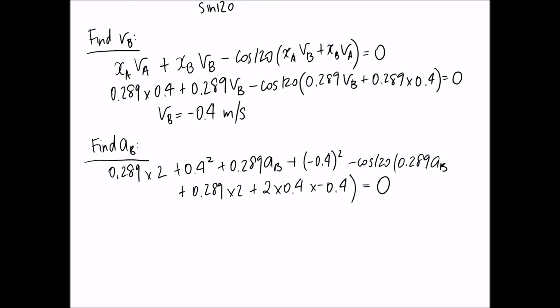Again, the only unknown is xb, and it comes out to be negative 2.37 meters per second squared.